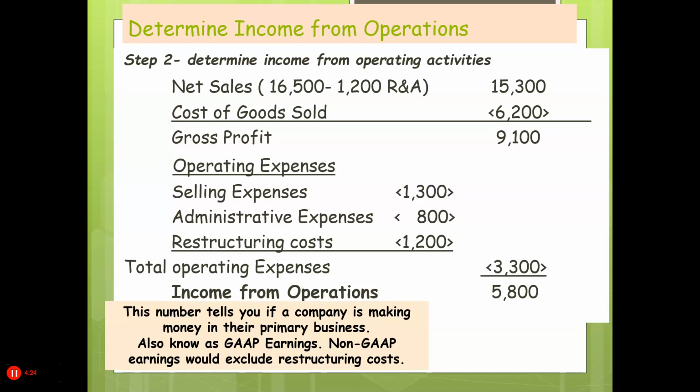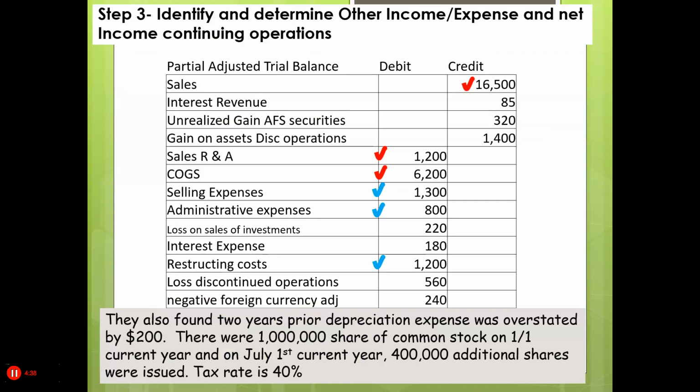Now, we talk about in the textbook what they call non-GAAP earnings, which a lot of companies like to use. And what they do is they exclude restructuring costs as an example. Now, we're going to identify and determine other income and expense, so we can do net income from continuing operations.